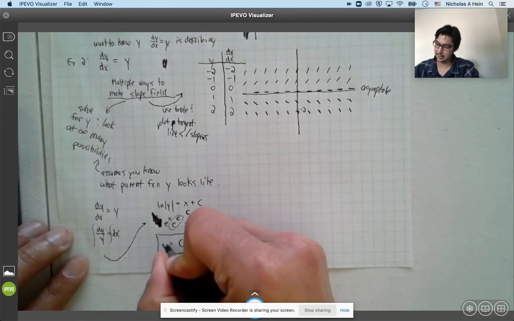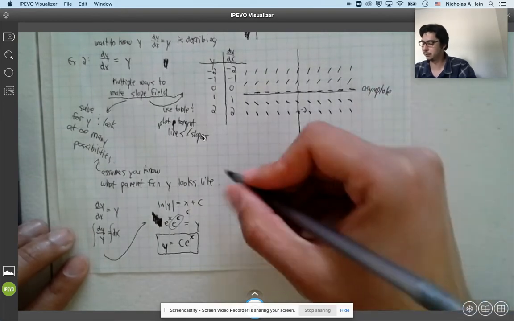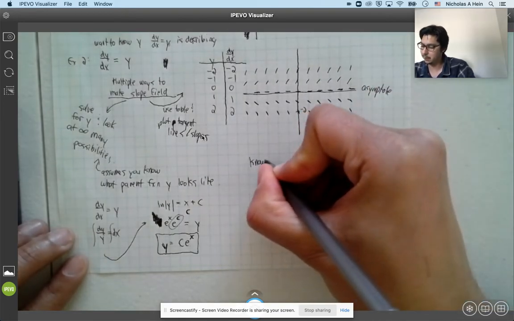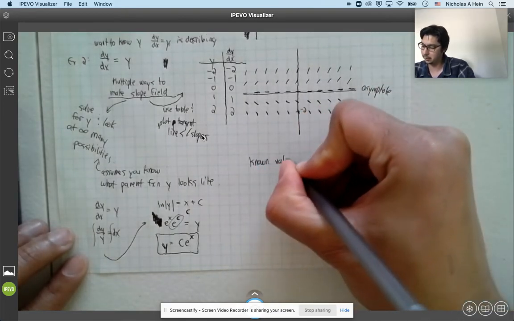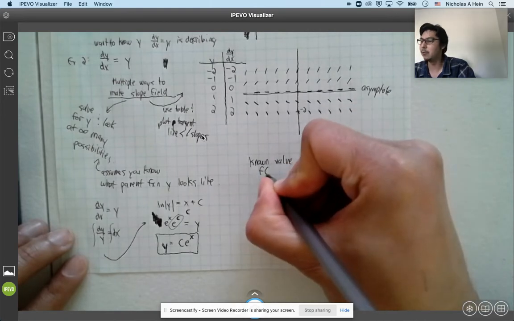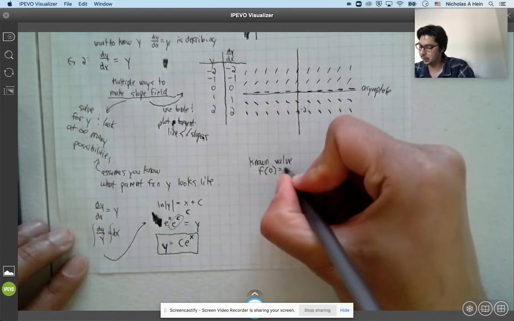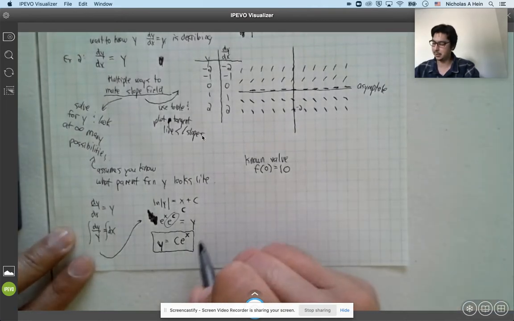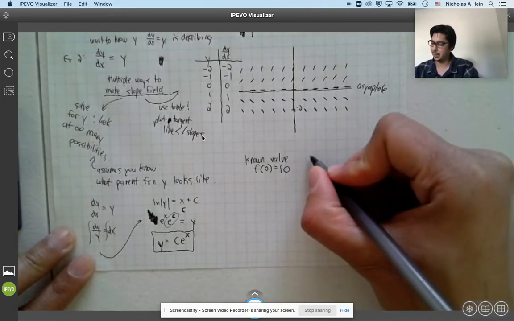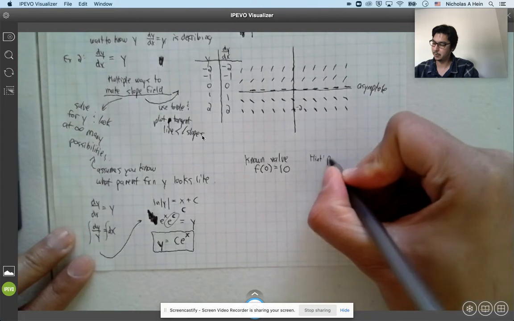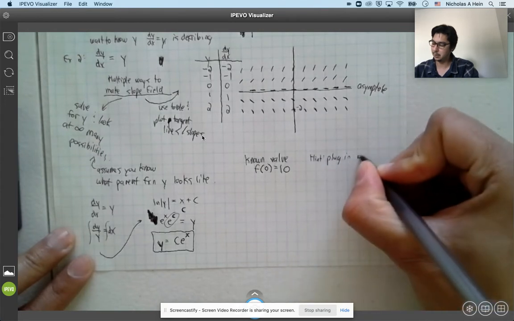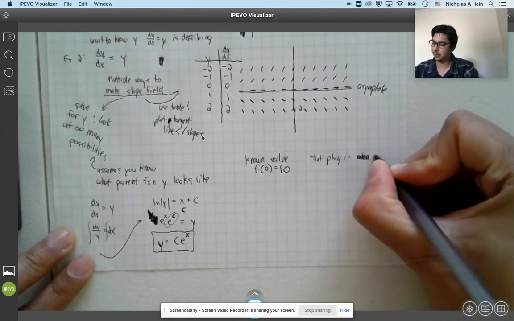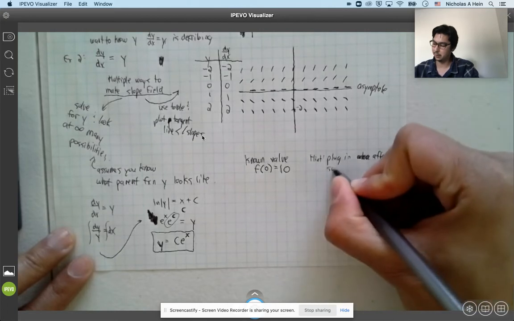Now, sticking with the last video, let's say we have a known value, which is f of 0 equals 10. What I talked about is if we plug 10 in, and my hint was to plug it in after you solve for y.